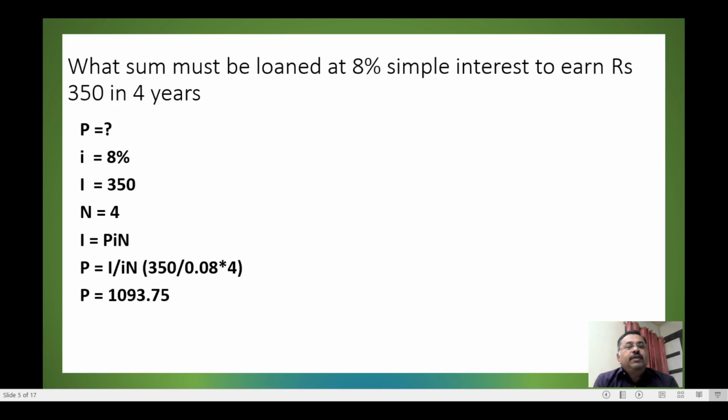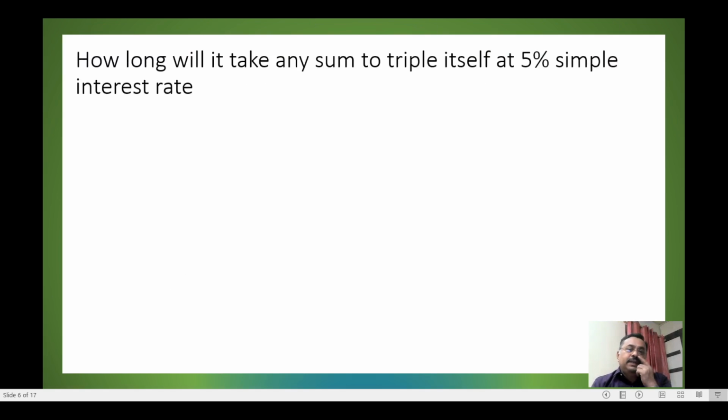That means if you lend 1093 rupees 75 paisa at an interest rate of 8%, you will get 350 as the interest that you will be earning. Right?